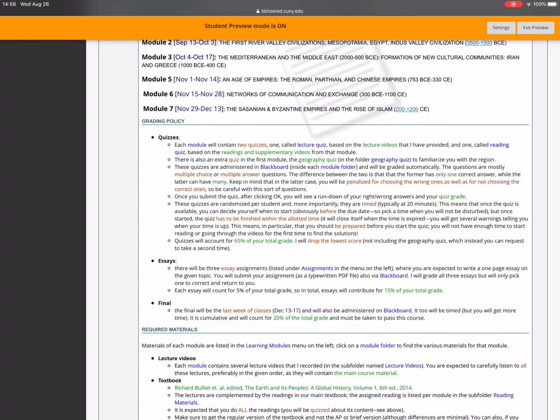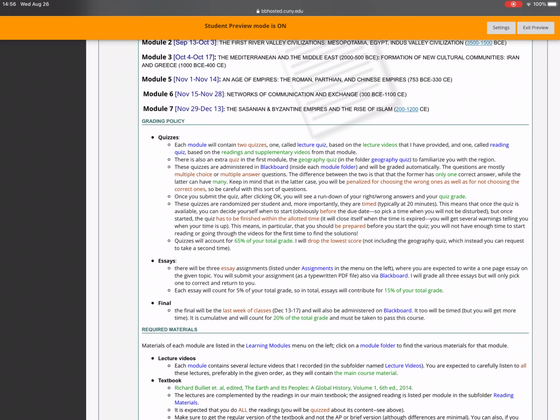The questions will be mostly multiple choice questions or multiple answer questions. The difference between the two is that with multiple choice, there is only one correct answer, while with multiple answer questions, there might be many correct answers.